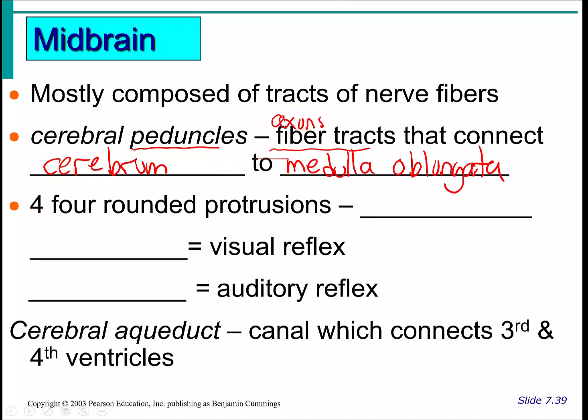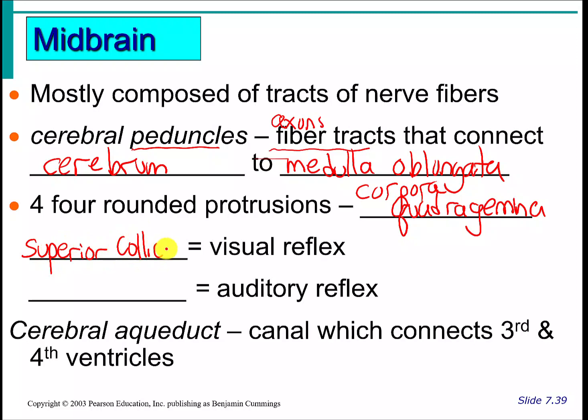Now in this area also you will find the corpora quadrigemina, consisting of the superior colliculus, and this is involved in visual reflexes.